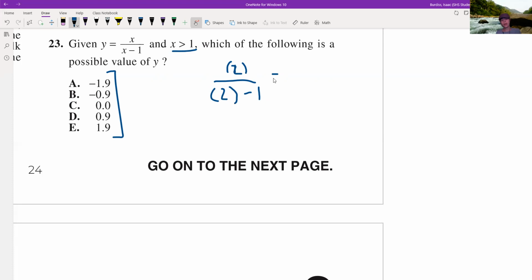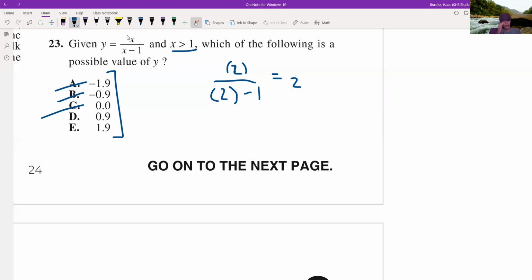So 2 divided by 1, that's 2. So y, one of the minimum values y could be, not the minimum. The minimum would be if x is 1.00001. But regardless, y is going to be around 2 at its minimum. So it could not be any of those.